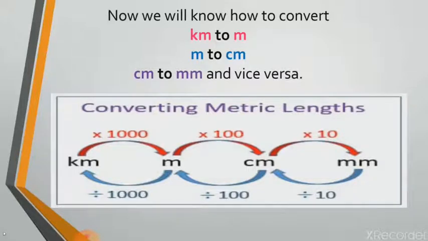For meter to centimeter, we have to multiply by 100. And for centimeter to millimeter, we have to multiply by 10. And again, for millimeter to centimeter, we have to divide by 10. For centimeter to meter, we have to divide by 100. And for meter to kilometer, we have to divide by 1000.